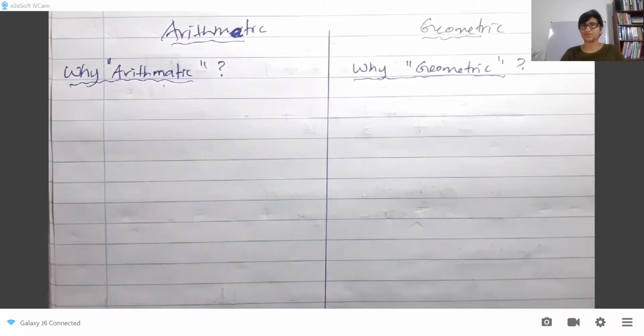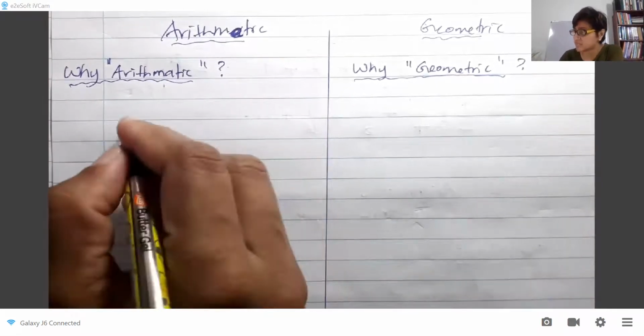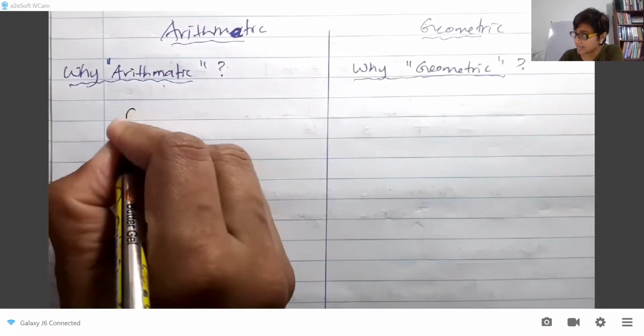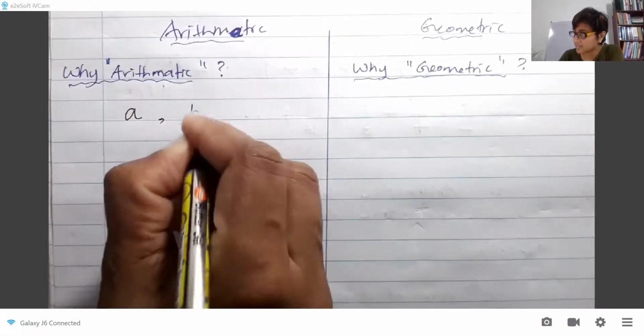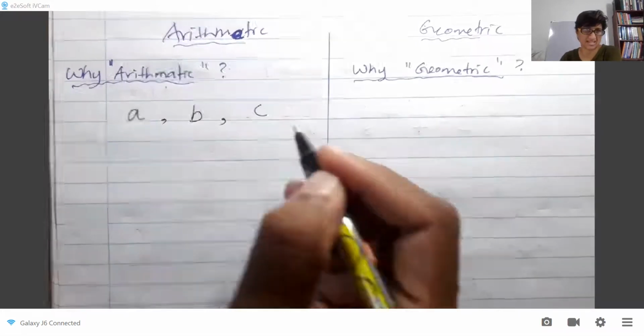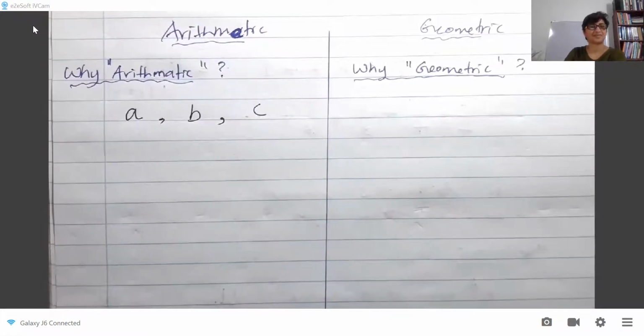You take any arithmetic sequence, and if you look at any three, it doesn't matter where it is, in the beginning, in the middle, towards the end. Any three consecutive terms. So let these three terms be A, B, C.